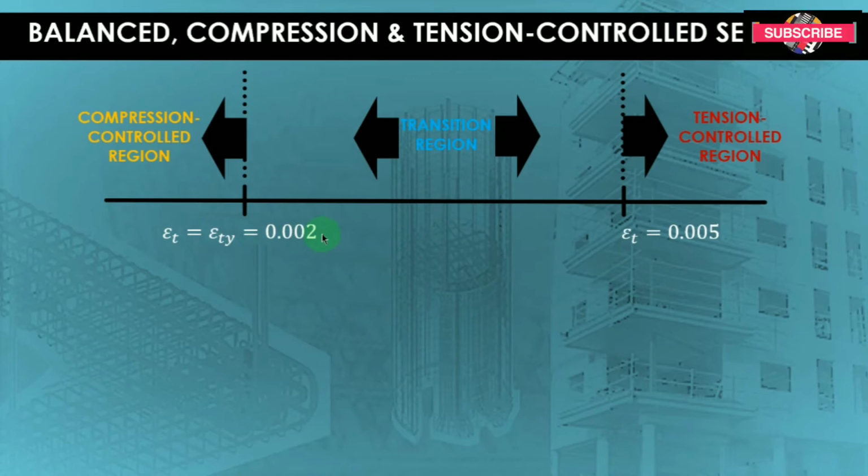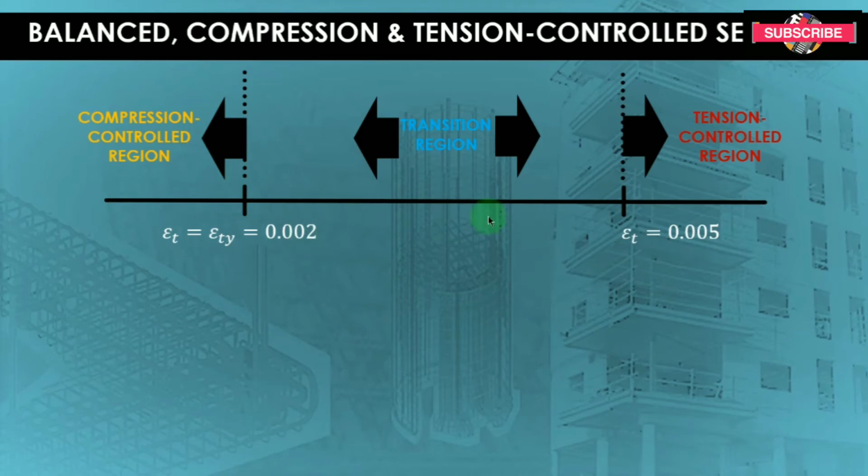Okay, so sa balance section natin, ito yung ano natin, no, sa balance section. But kung equal or less than siya sa 0.002, napapabilang siya ngayon sa compression control region. But sa balance section natin is pwede tayo gumamit ng tensile strain na 0.002. At kung sa compression control region tayo, pwede tayong gumamit ng tensile strain equal to or less than 0.002.